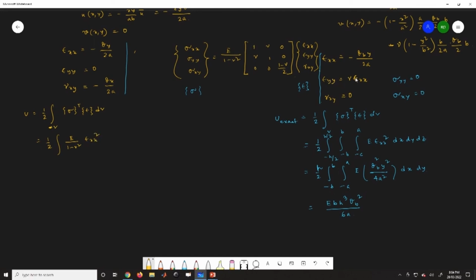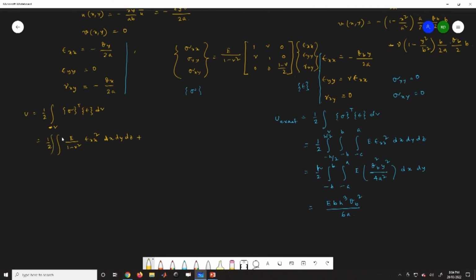Since epsilon yy is there for non-zero Poisson's ratio, this term will be there, and then the sigma xy term will be there, dx dy dz, the volume integral.